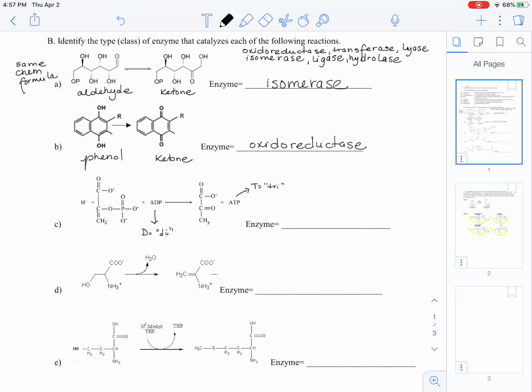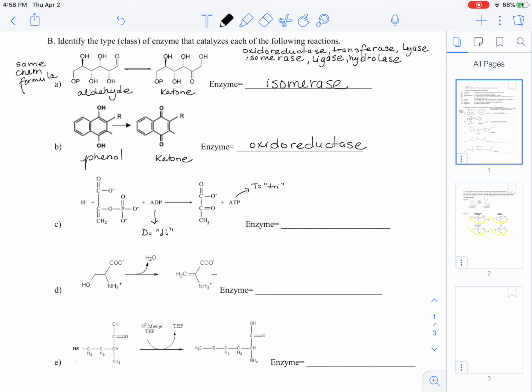The bigger molecule, the one that contains the carboxylate followed by the carbon that is double bonded to another carbon, single bonded to an oxygen that contains a phosphate, differs from the one in the product, a carboxylate bonded to an acetyl group, in that the phosphate went somewhere. Where did it go? It went from the ADP to the ATP. So ADP accepted that phosphate.